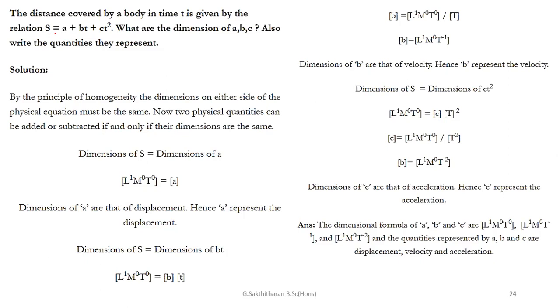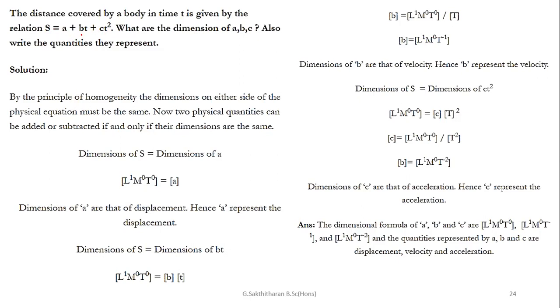In these equations, the dimensions of S equal the dimensions of A, and the dimensions of B times T are equal to those of S as well. These are the same physical quantities.